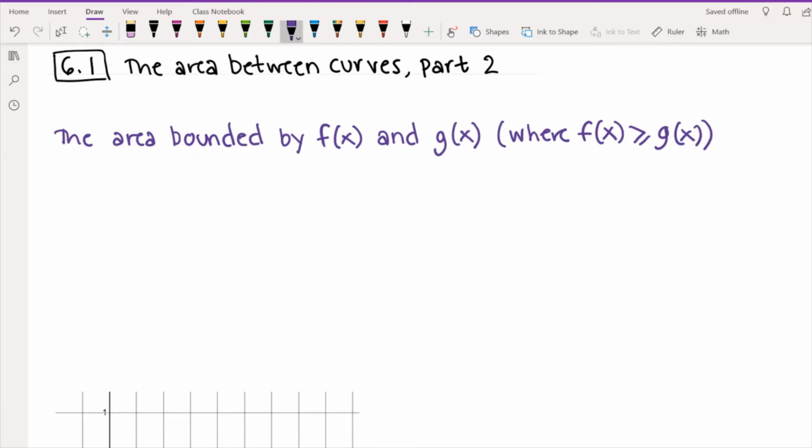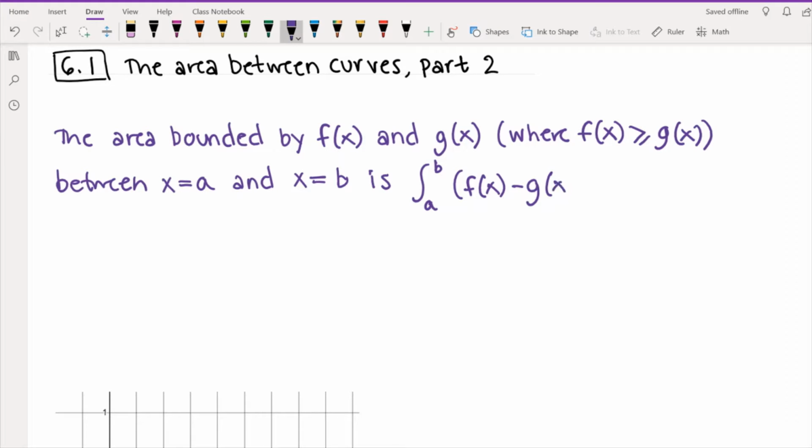And the equal sign is there because they might intersect, right? Between x is equal to a and x is equal to b is equal to the integral from a to b of f of x minus g of x dx. So we talked about where that comes from in the last video.